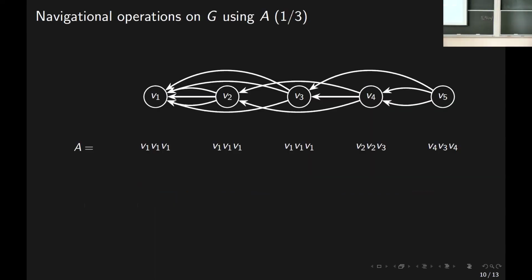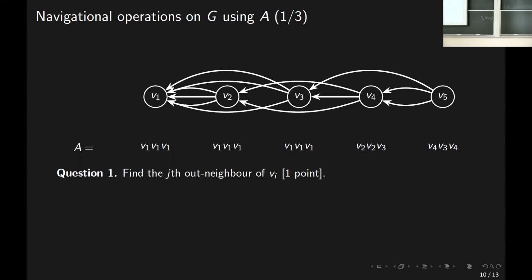Okay, so here are a few examples of navigational operations. For example, suppose that we want to find the jth out neighbor of vertex i. It's a very boring operation. It's very simple. Suppose that we want to get the second out neighbor of vertex v4.